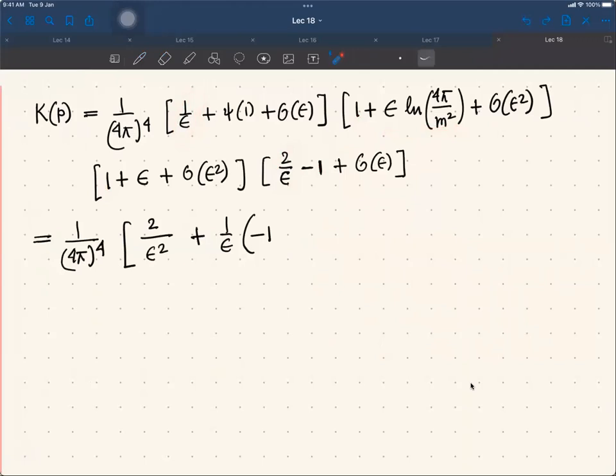So let's keep this part aside first, just to simplify the calculation for now. Let us consider only these 3 factors.